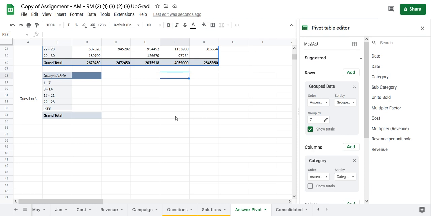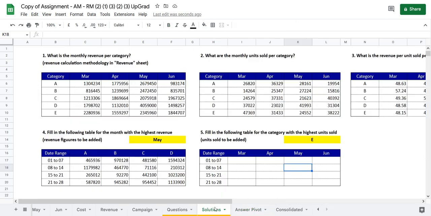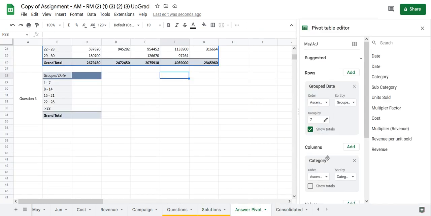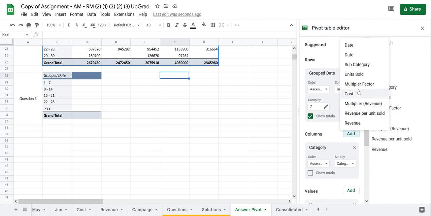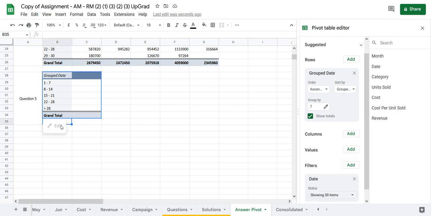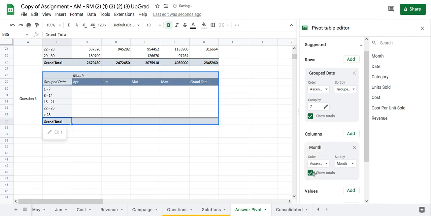Now, if you observe the question carefully, in columns we want month. So I'll go to the answer pivot, and in columns I'll add month. I'll remove the total. So we have month here: March, April, May, June.